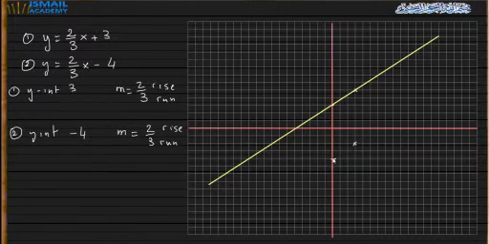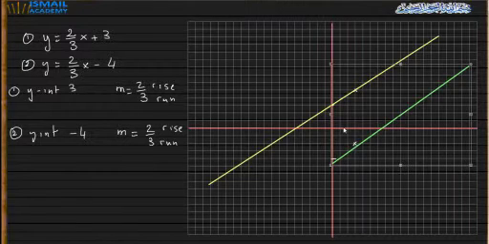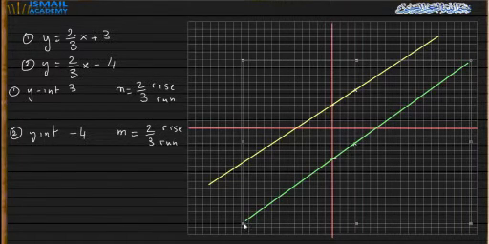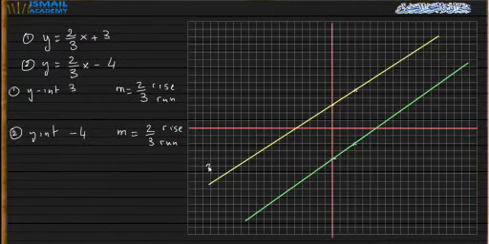The line will look like this. Let me adjust the line. Now extend the line, and as you see, the two lines are parallel. This is the first one, this is the second one. So I say here there is no solution, because this is my conclusion for that example.